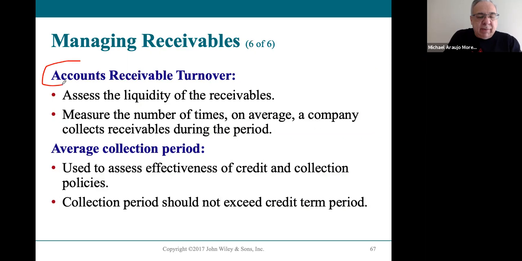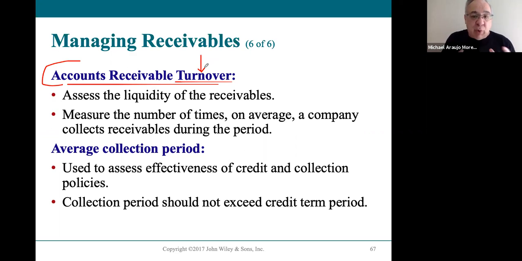the financial ratios. The most important one you have to know here is the accounts receivable turnover. So again, how many times are we collecting our receivables? Now think about it. If you have receivables that are due every 30 days, which is the standard in most industries, how many times a year on average should you be collecting them?